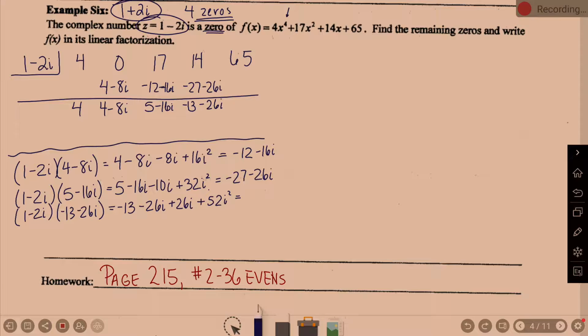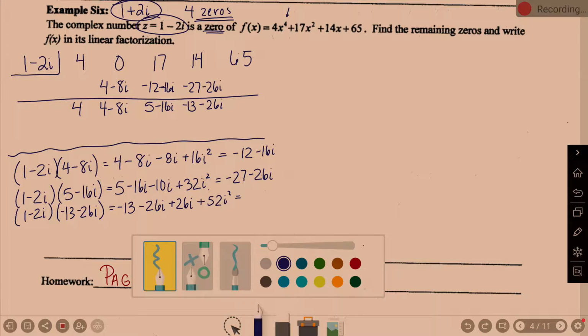What do you see happening here? Yeah, 26i's cancel. That's good news, considering we're expecting a remainder of 0 here in a moment. Okay, negative 13. And what do you know about that plus 52i squared?